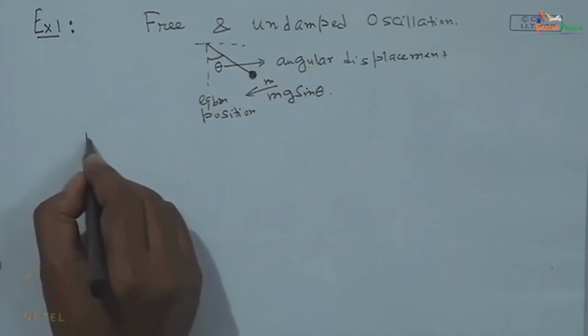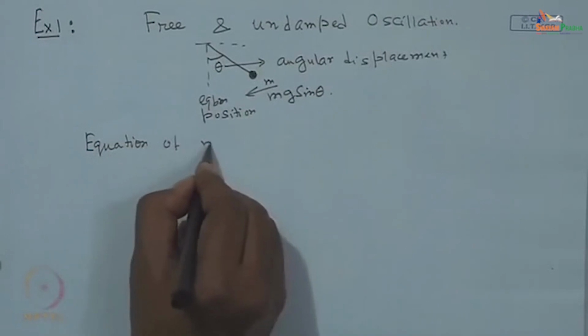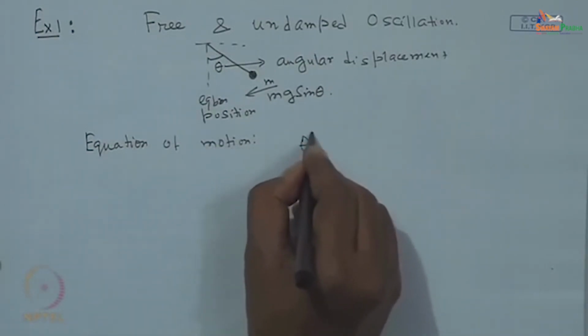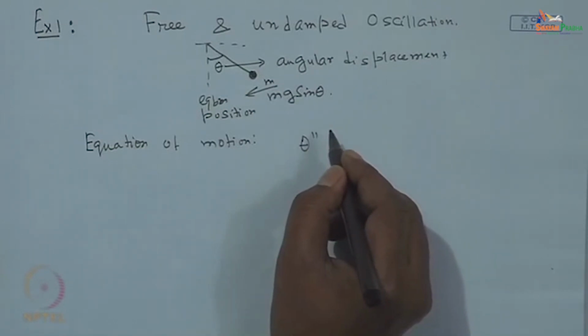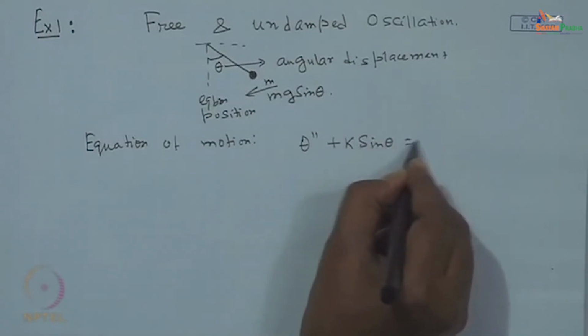If you look into the equation of motion for this particle, it becomes theta double prime, that is, d squared theta dt squared, plus k sin theta is equal to 0.